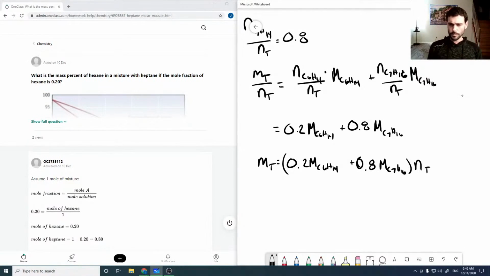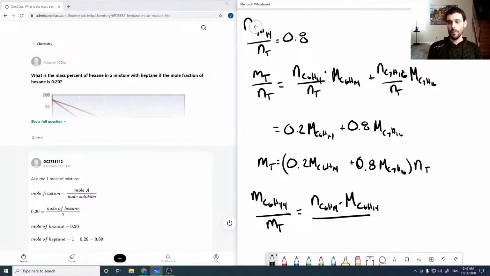Okay, so now our mass of hexane over our mass total is equal to our moles of hexane times our molar mass for hexane, over our total mass, which we've just written in this way.